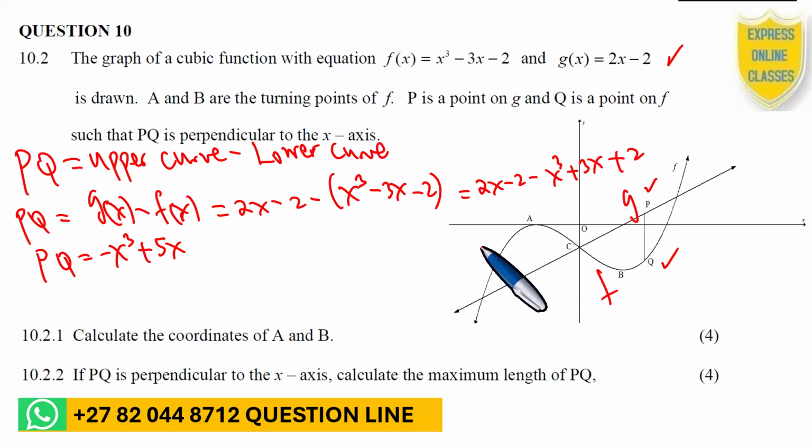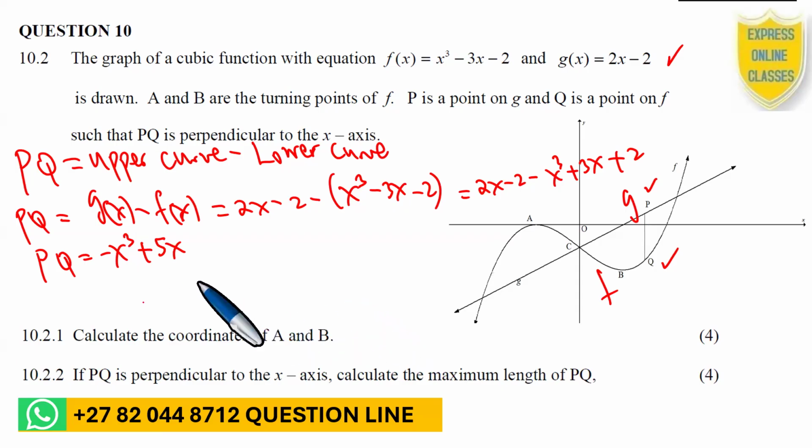Right, so we continue. Okay, let me just talk to this person. Please find the derivative of PQ equated to 0 and solve for x. Okay, that is fine. I thought this person was in trouble, but it's sorted.